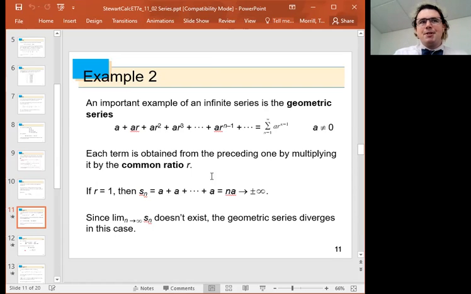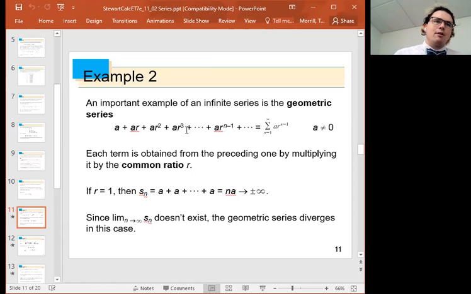Now, the rule is, whatever the number A is, the number that comes after A is a multiple of A, so say A times R. The number that comes after that is A times R squared. The number that comes after that is A times R cubed, and so on.